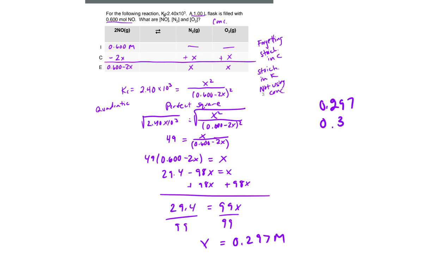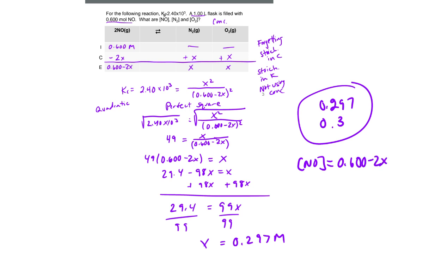Okay. So let's take a look at both of these options, because you may get to a point where you want to use the quadratic. Recall what our next step is going to be. We're going to figure out equilibrium concentrations. So let's look at the concentration of NO at equilibrium. It's 0.6 minus 2x.